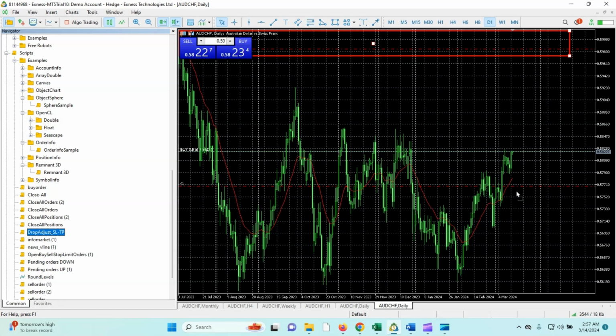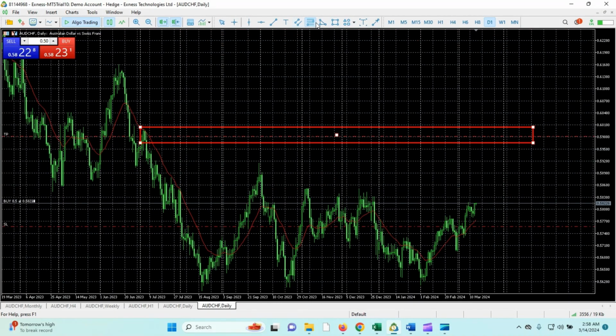We calculate the risk reward ratio with my FIB tool. So our risk reward ratio in this trade is, it's not good in this area.